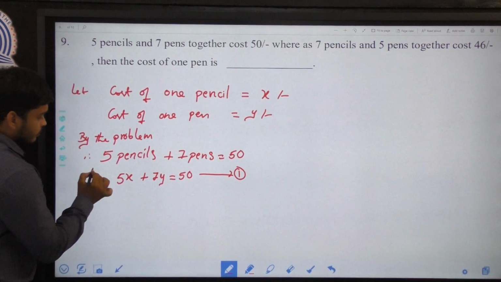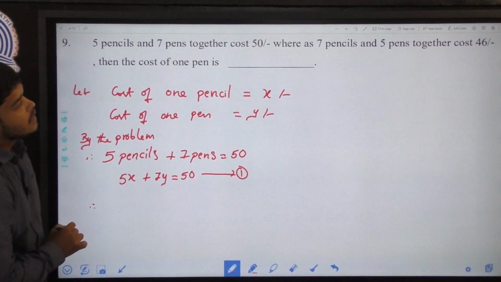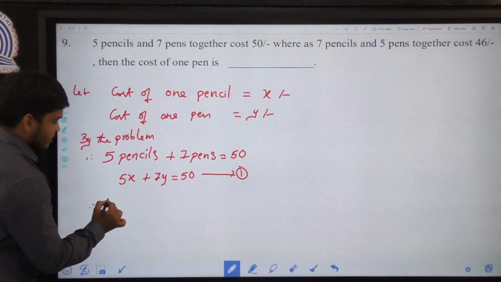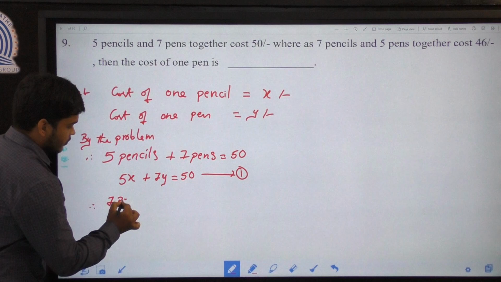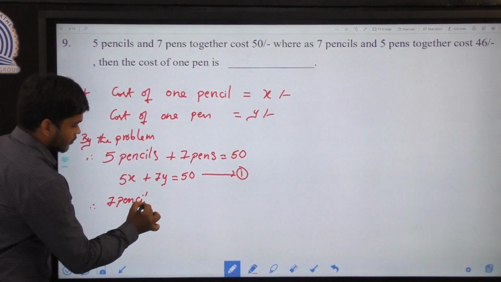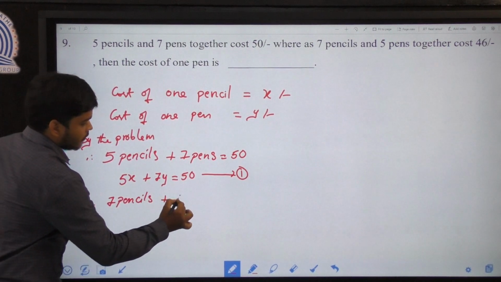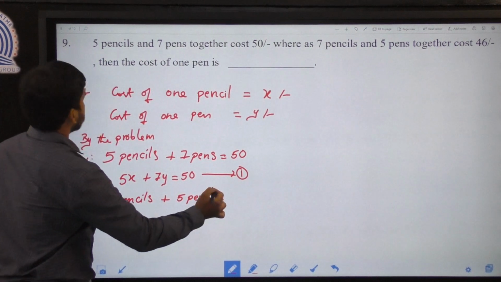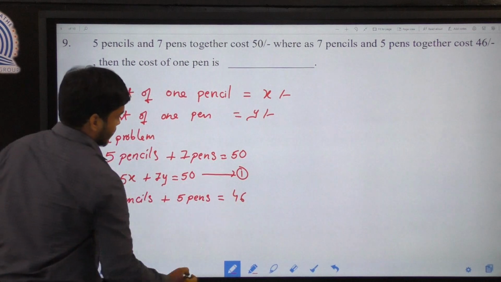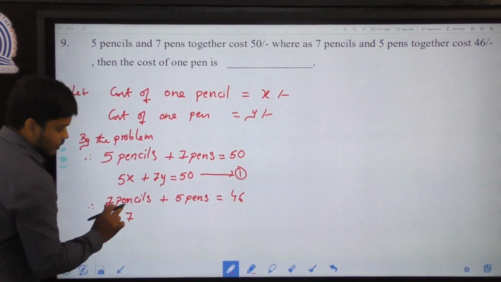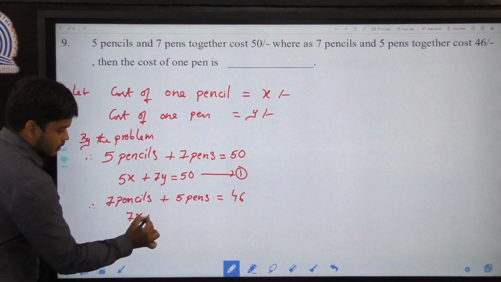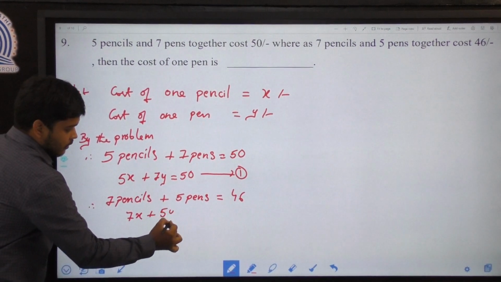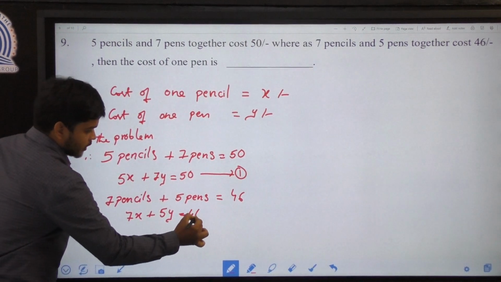Now the second condition says that 7 pencils and 5 pens together cost 46 rupees. Then 7 into the cost of 1 pencil, x, plus 5 into the cost of 1 pen, y, is equal to 46 rupees.